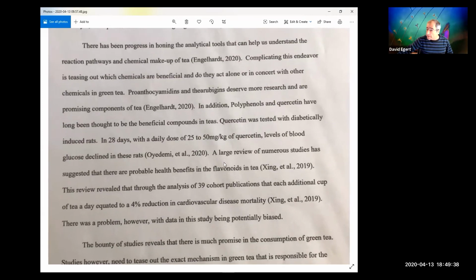So, a 28-day study. Notice that they're talking about a study, and then there's the reference to the actual paper that describes the study, but they don't quote anything out of the paper. They're using their own words, paraphrasing the results.